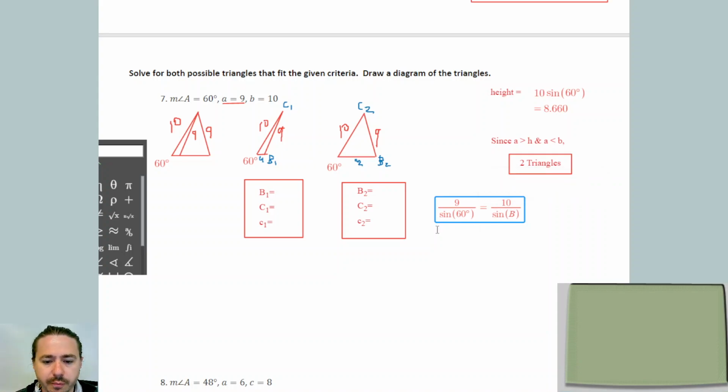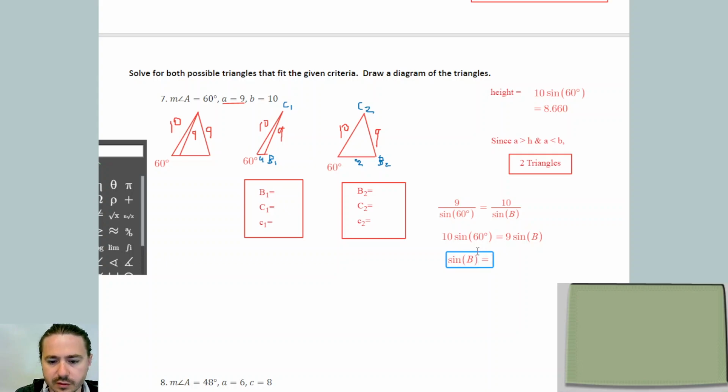So we need to solve for B here. We're going to cross multiply, so we get 10 times the sine of 60 equals 9 times the sine of B. And so we'll divide both sides by 9, and we get sine of B equals 10 sine of 60 divided by 9.